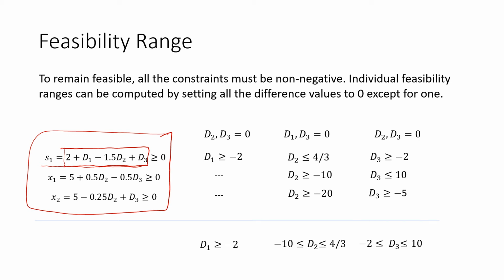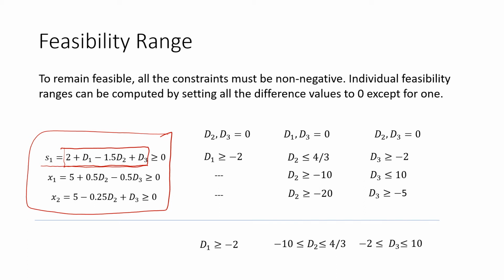This is giving me my feasibility range. If I set D1, D2, and D3, in other words, my differences in my constraints, if I change those, this equation had better not go negative. Otherwise, I've changed my problem and my point of optimality has changed.